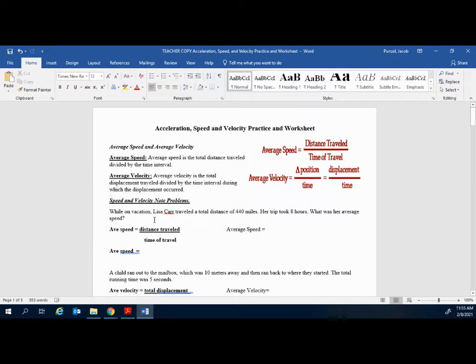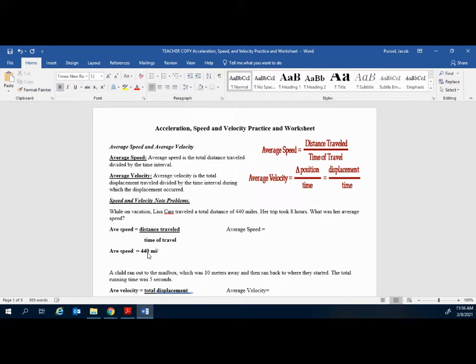So this first one with average speed: while on vacation, Lisa Carr traveled a distance of 440 miles. Her trip took 8 hours. What was her average speed? If we take our information here, 440 miles was our distance traveled for the top.